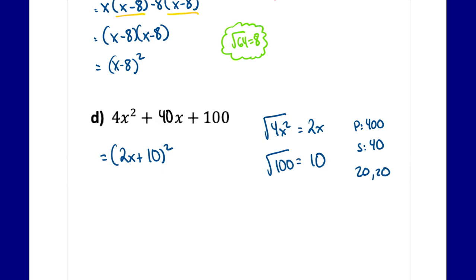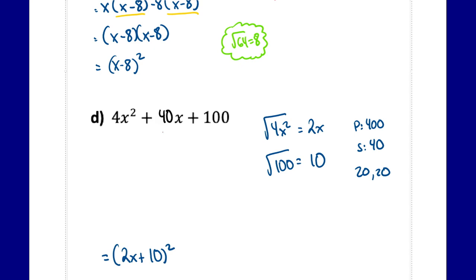So if I were to go through this process, let me remove this and bring this down. Break up this middle number into 20x plus 20x. We still have the 4x squared plus 20x and then plus the 100. Common factor, we can take out a 4x.